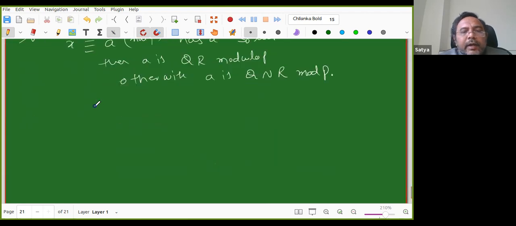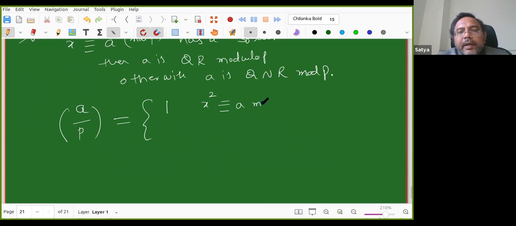Then later Legendre gave a symbol for this, denoted this way. a by P is equal to 1 if x square is congruent to a mod P has a solution, or minus 1 if x square is congruent to a mod P has no solution.